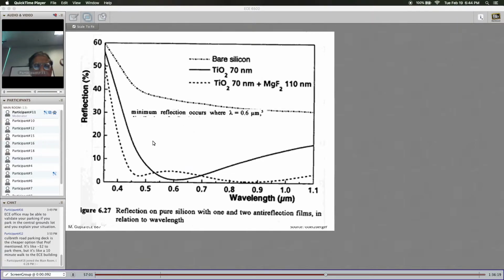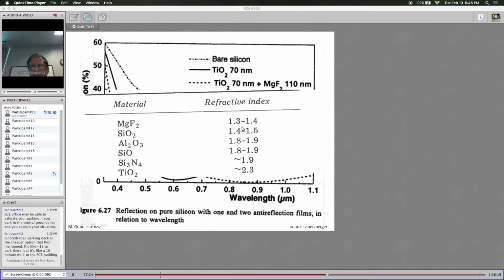And you can see from this graph, at green wavelength, it's about 35-38%, and then it even goes higher, to 60%, in the short wavelength UV. So that is what you're trying to reduce, that reflection.